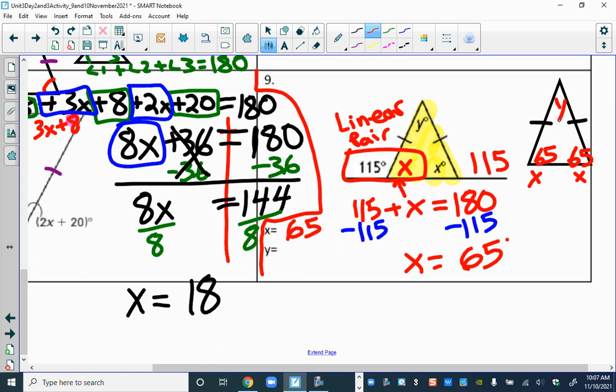We still need y. Okay, but what do we know if we focus on a triangle, either this one or this one? What must the sum of our three angles always be? 180.